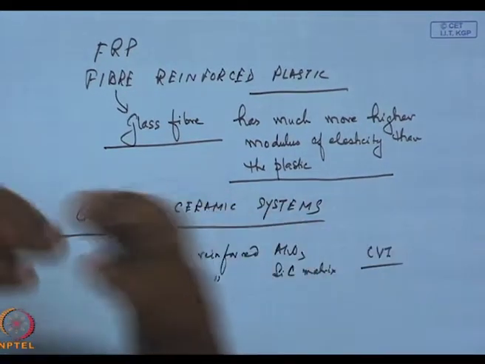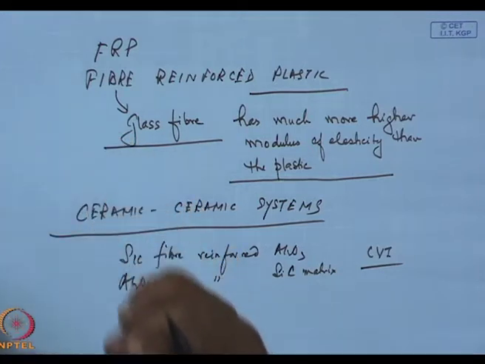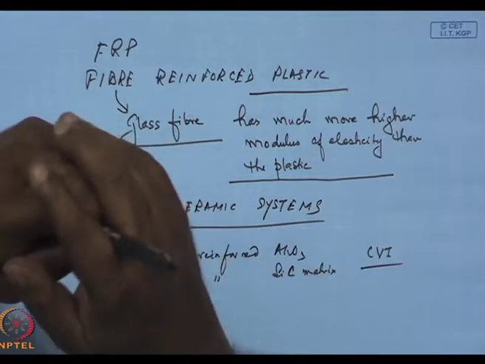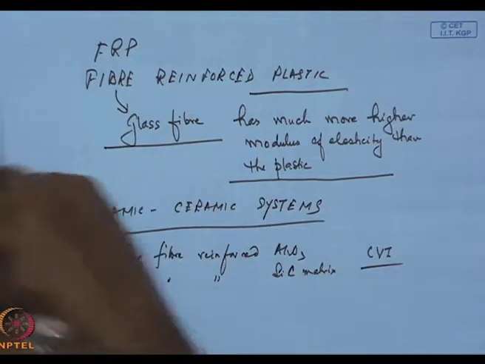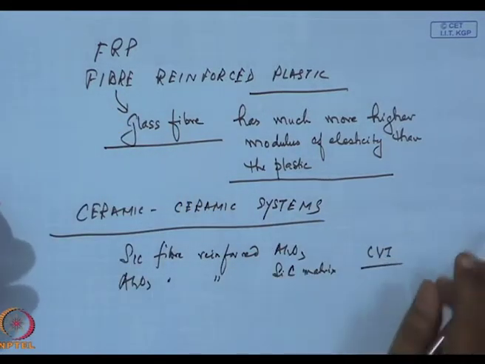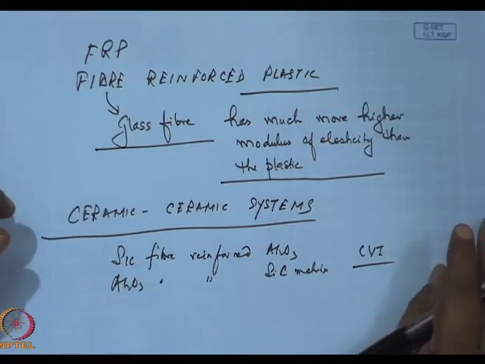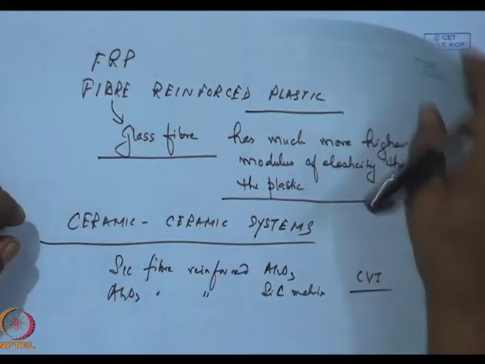And here what happens is, in case the matrix fails, the fiber carries the maximum load, and hence the strength increases.